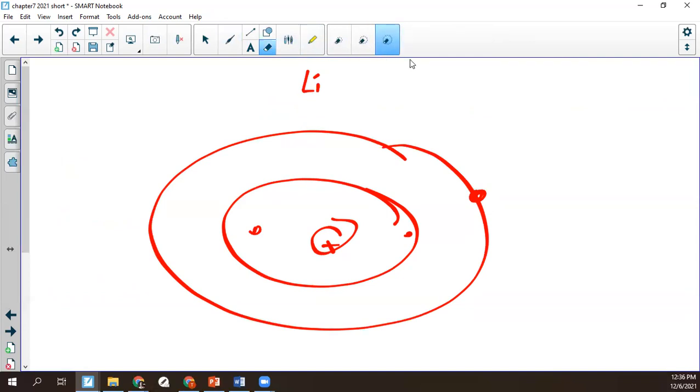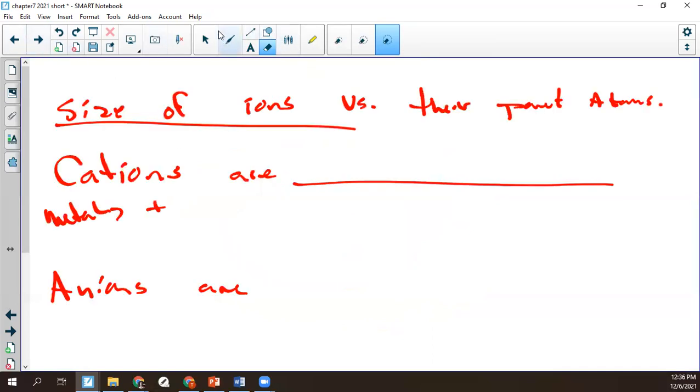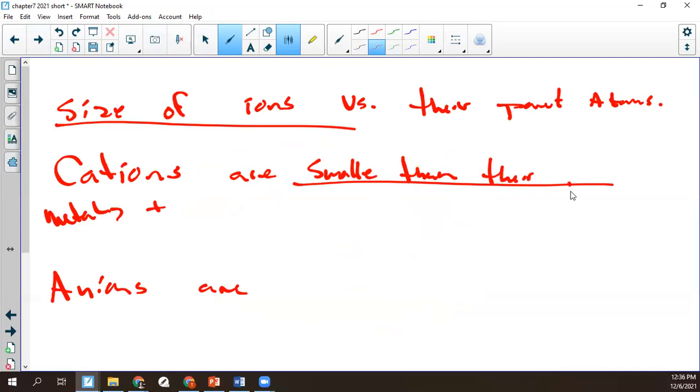So look at the screen. When it becomes an ion, this shell disappears. So what happens to its size? It's smaller. Okay, we're ready to finish this sentence. Cations are smaller than their parent atom.